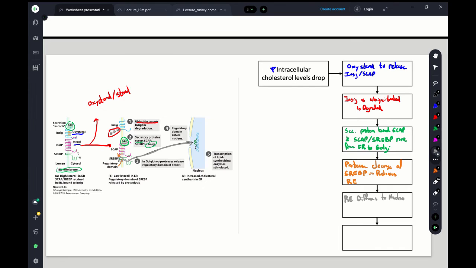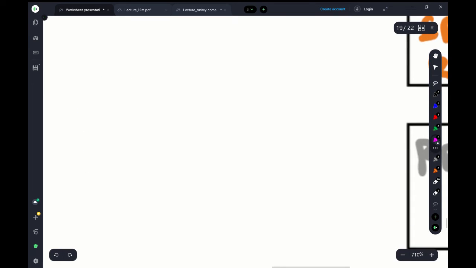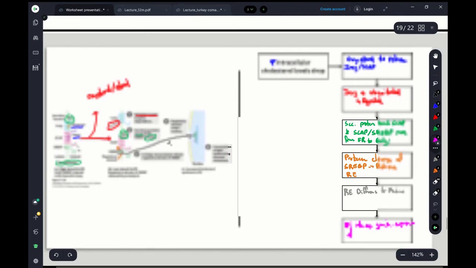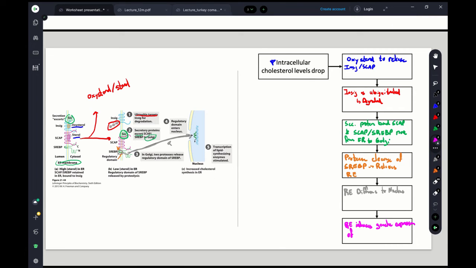And then, so that's what happens here, that's this step here, and then finally, once it's in the nucleus, the regulatory element induces genetic expression of a host of genes, and so we'll just say cholesterol metabolism genes.